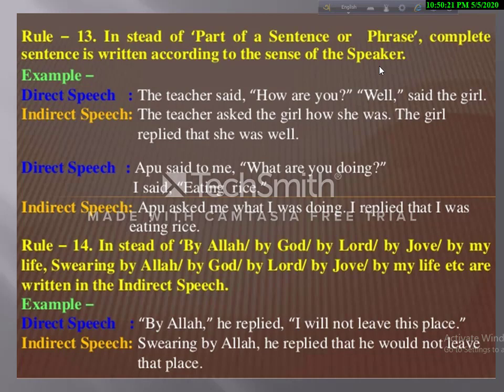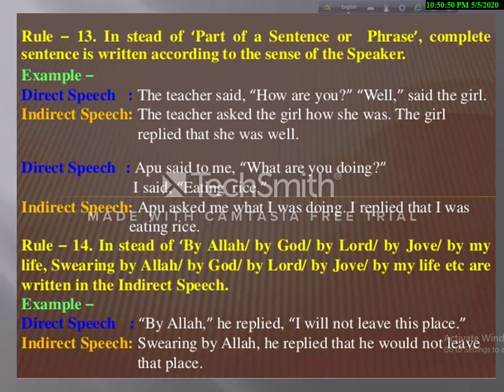Okay. So, though in direct narration only well is written, in order to turn it into indirect speech, you will have to make it a sentence and then you'll have to change it. So, what should be its sentence? Its sentence should be I am well. Okay. So you should write like that. The girl replied that she was well.